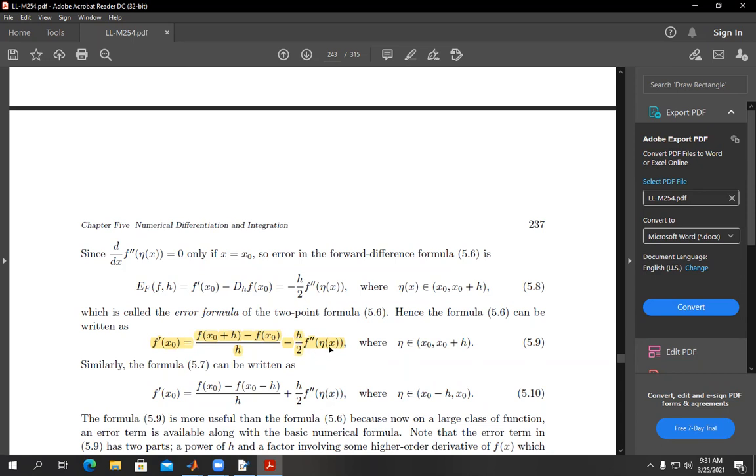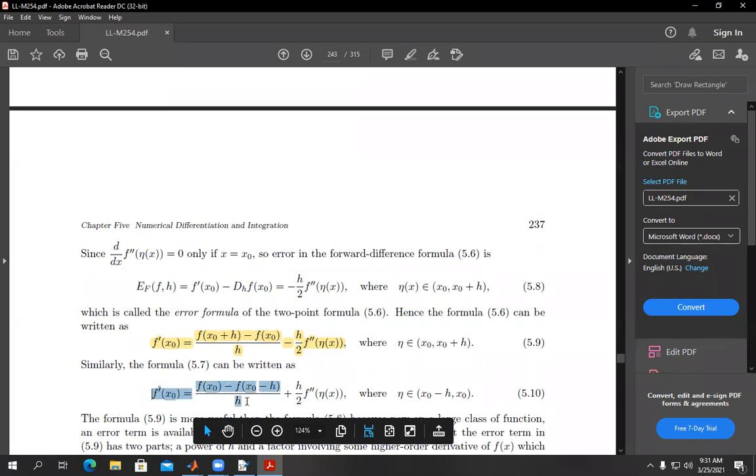What is eta? Eta is an unknown point inside the interval, and your interval is x0 to x1, where x1 always equals x0 plus h. And this is the backward difference formula, and its error term is h by 2 times the second derivative at eta.